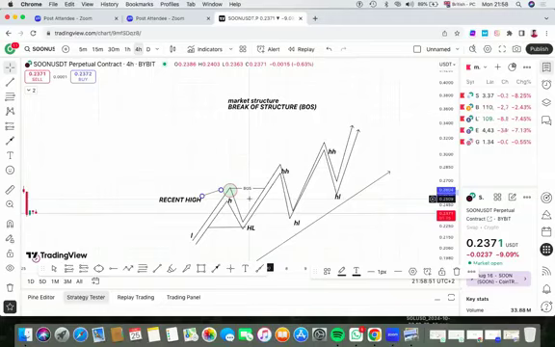For a verified market structure, you have to see candles close above. It has to break with the body. The recent high has to be broken, and it has to form at least 1, 2, or 3 candles here.